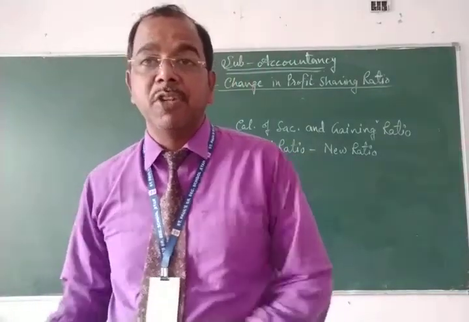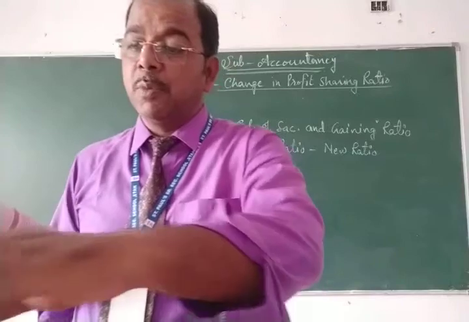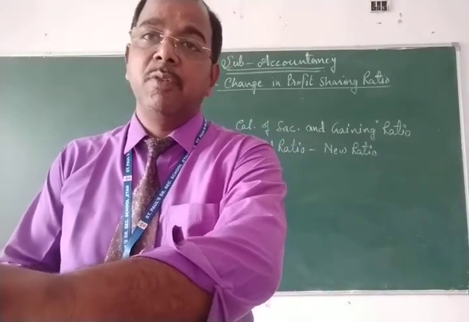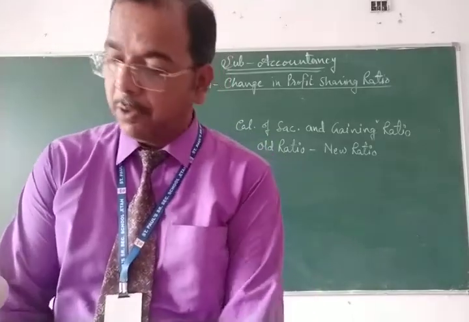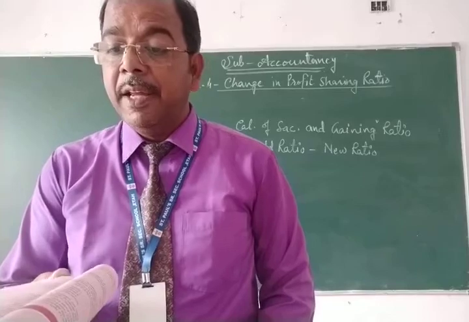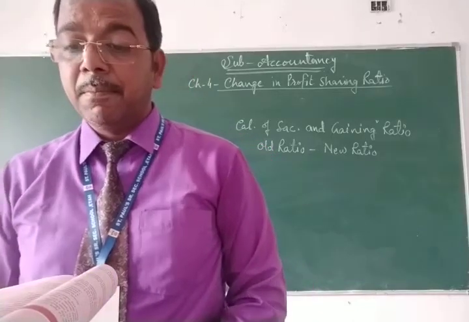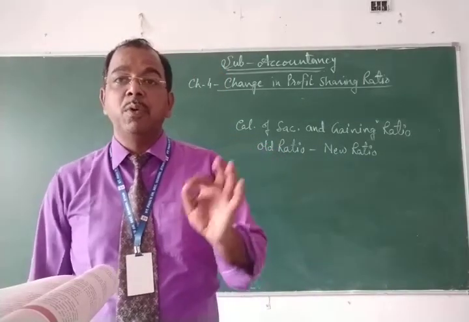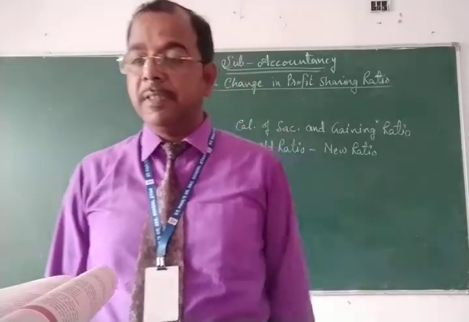I am reading the question, and you are also supposed to see it in your book, and thereafter you solve them on your fair notebook. So the first question is: A and B are sharing profit and loss equally. So what was their old ratio? Equal. Two partners were there.